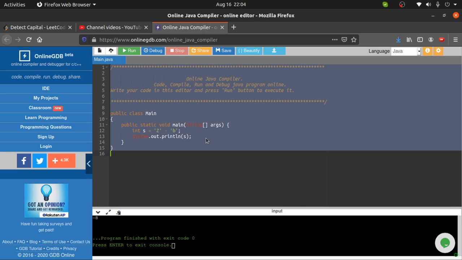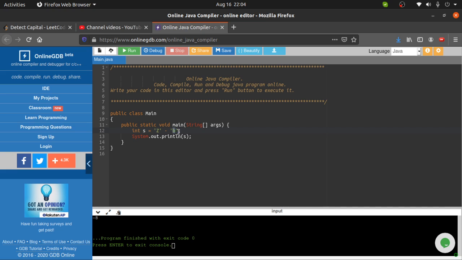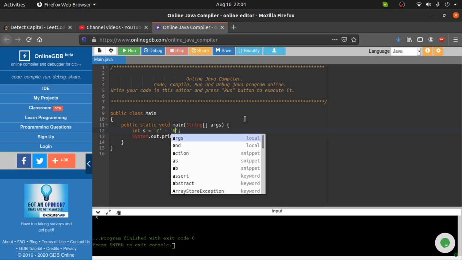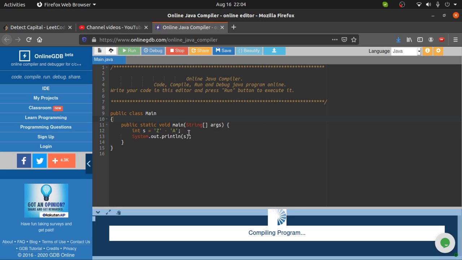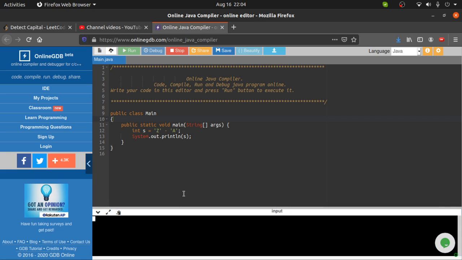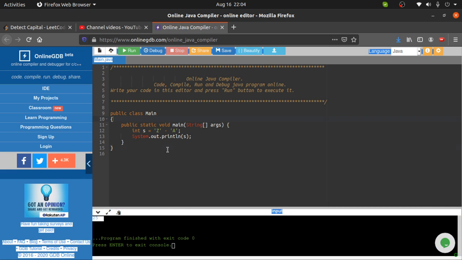If I do Z minus uppercase A, you see that's a positive 25.